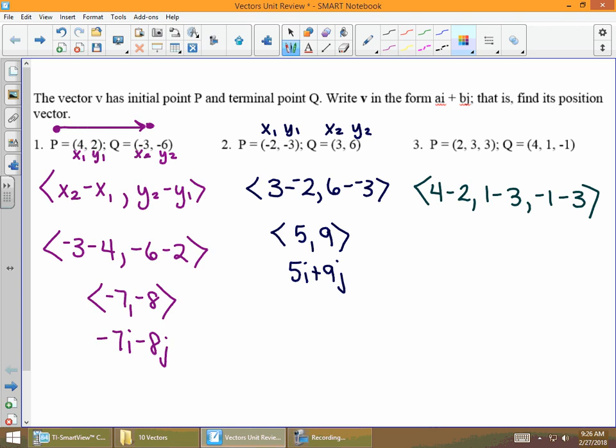So that third dimension doesn't make things more difficult. 4 minus 2 is 2. 1 minus 3 is negative 2. Negative 1 minus 3 is negative 4. And in the ijk form, it's 2i minus 2j minus 4k.